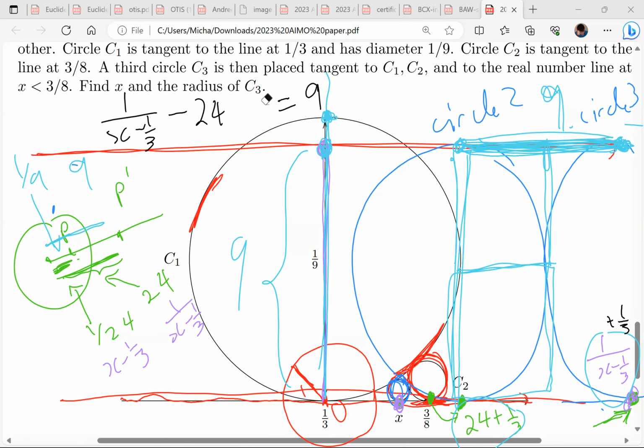So 1 over x minus a third minus 24 equals 9. What is x?